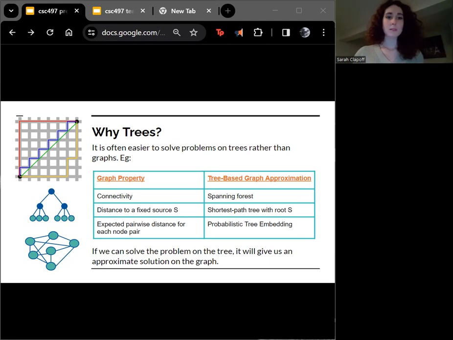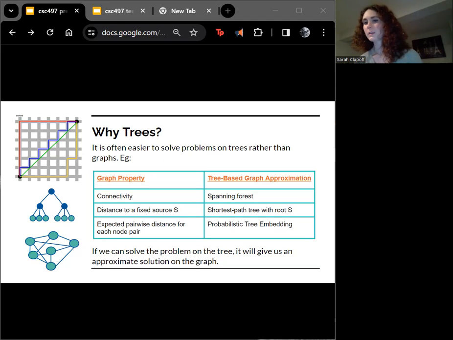For the distance to a fixed source S, that's the shortest path tree with root S. And then for the expected pairwise distance for each node pair, it's probabilistic tree embedding. If we can solve the problem on the tree, it will give us an approximate solution on the graph.